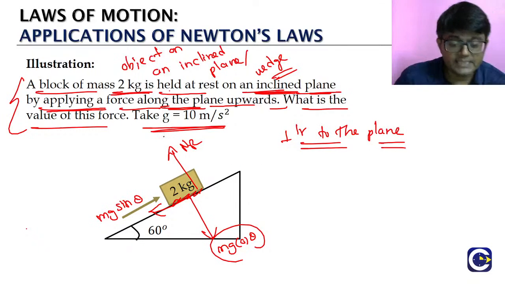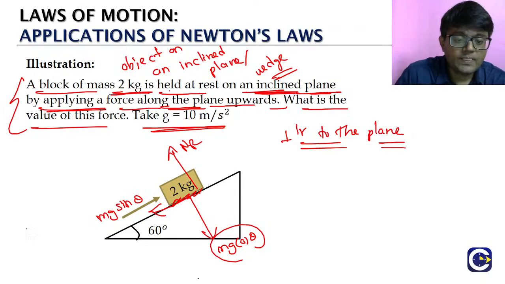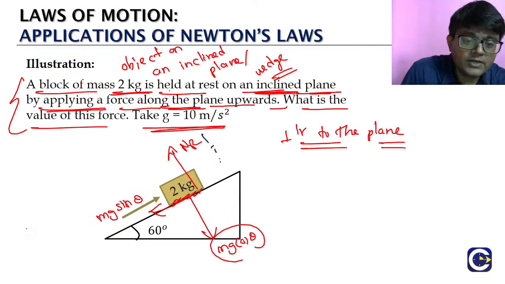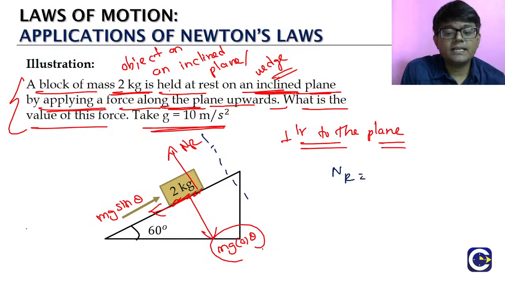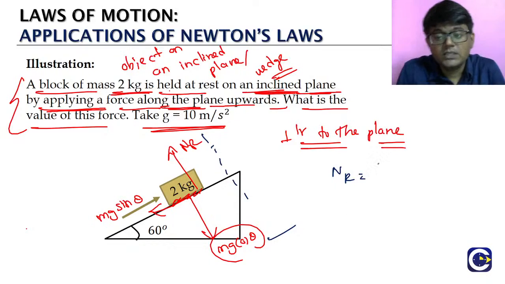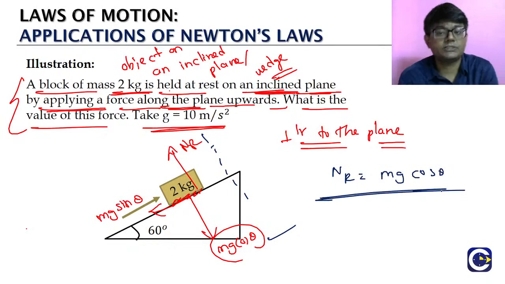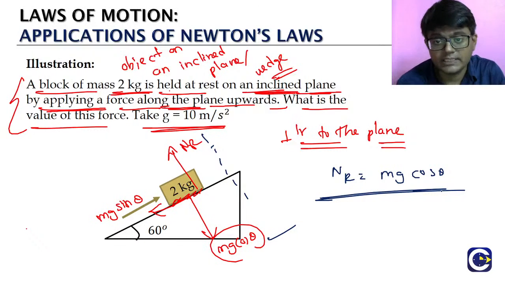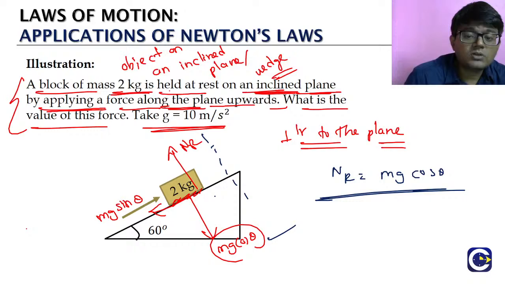Perpendicular to the plane there is a normal reaction, up, and a component of the weight, mg cos theta, down. So the normal reaction value will be equal to mg cos theta.